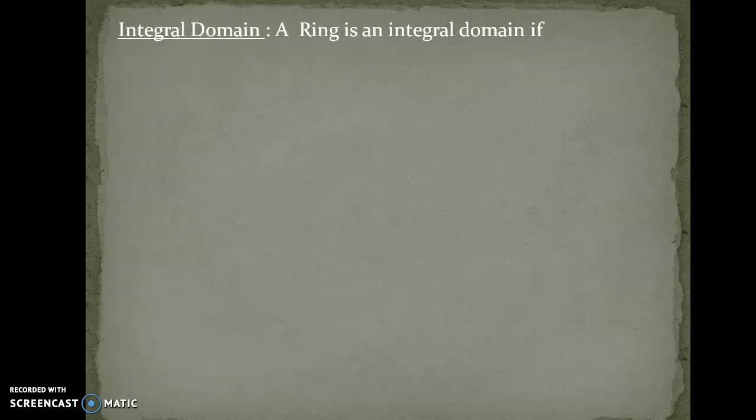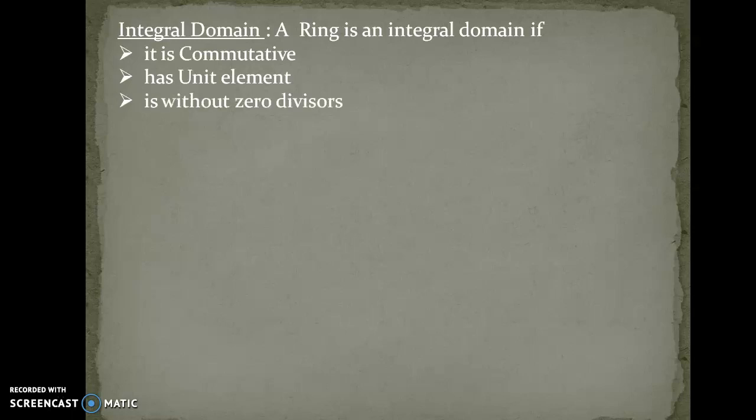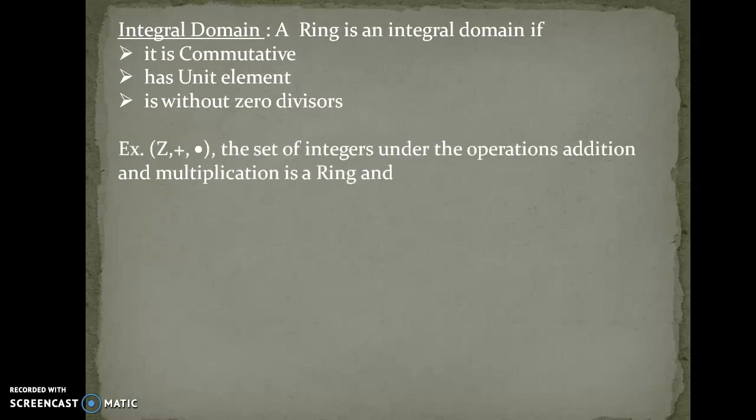Then the next part is that a ring is an integral domain if it is commutative, here commutativity being with respect to multiplication, has a unit element with respect to multiplication, and is without zero divisors, that is, if the product of any two numbers is zero, then either of the numbers or both the numbers are zero. This can be considered for again the set of integers Z with addition and multiplication.